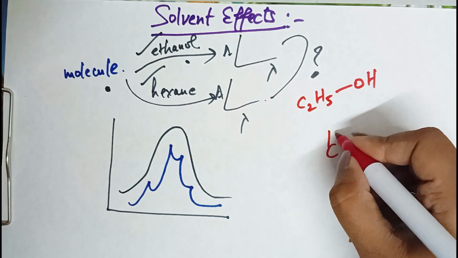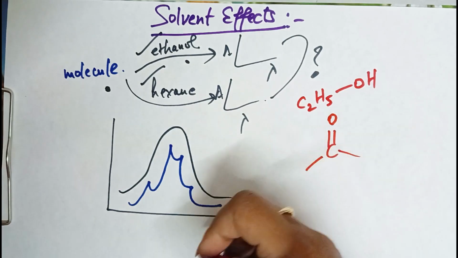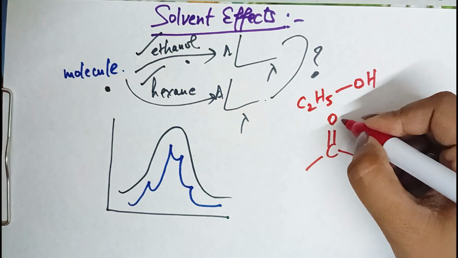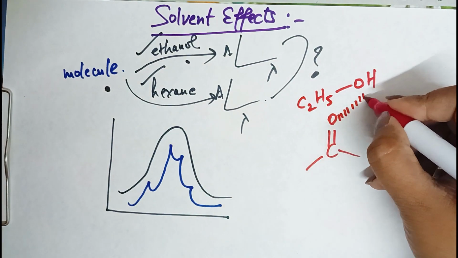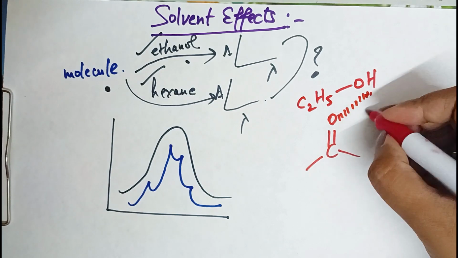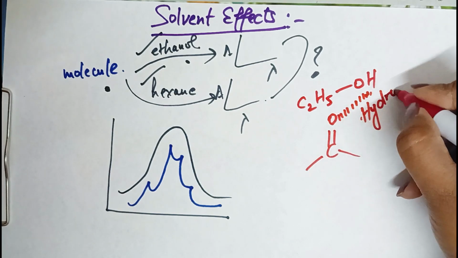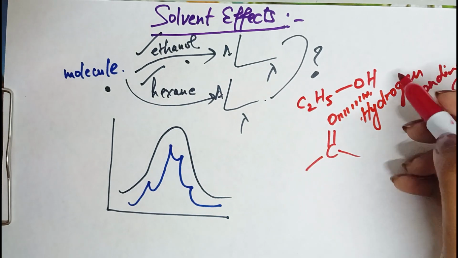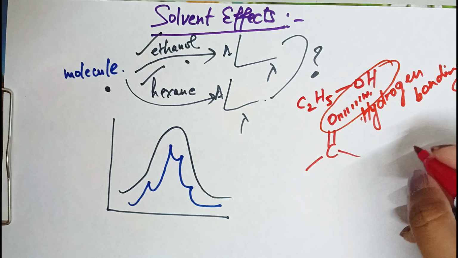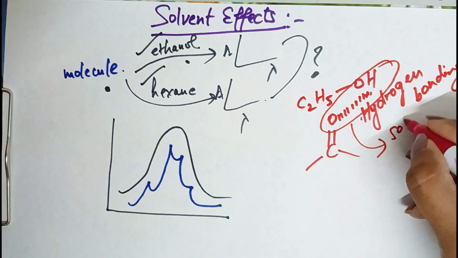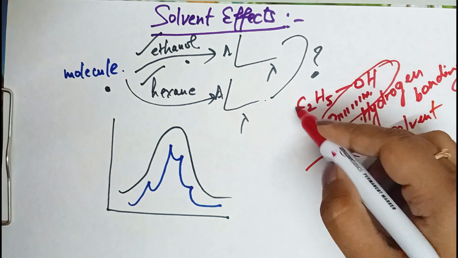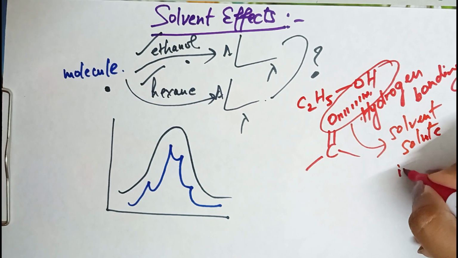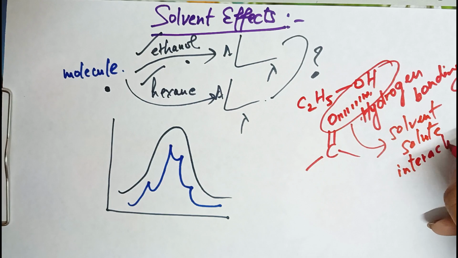Now suppose that the molecule is having a carbonyl bond. Now what happens? This hydrogen and this oxygen start to interact via hydrogen bonding, right? These interactions will be solvent and solute interactions.